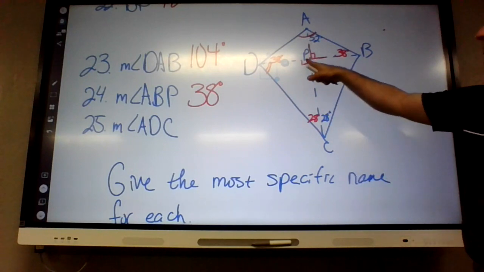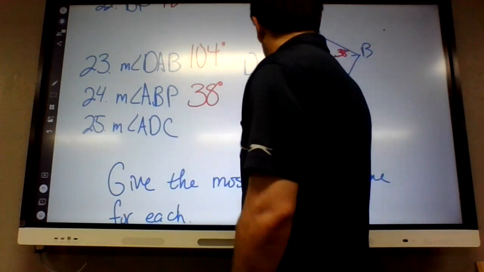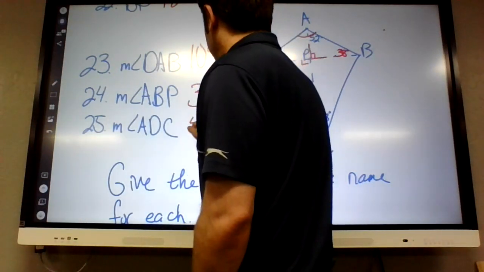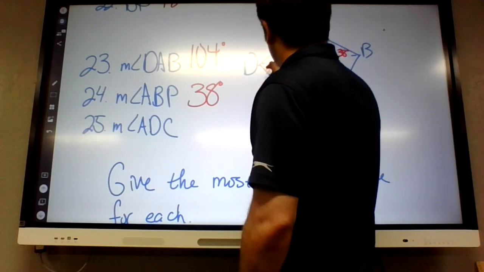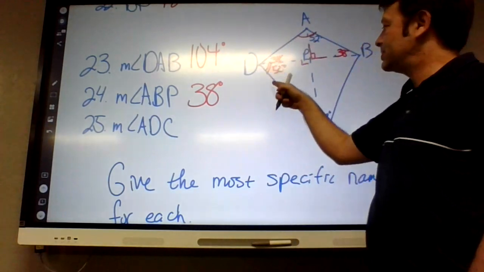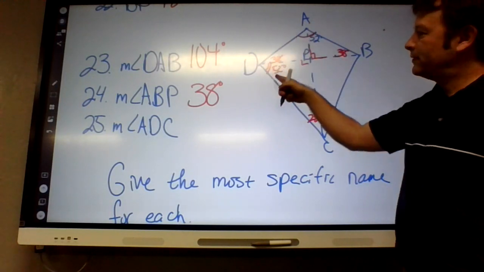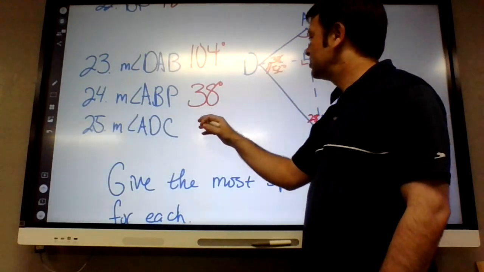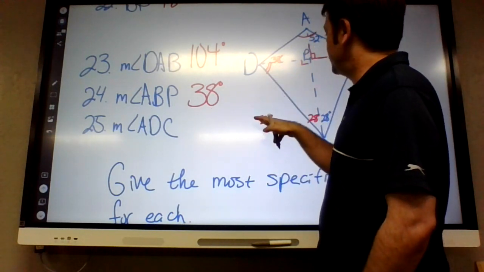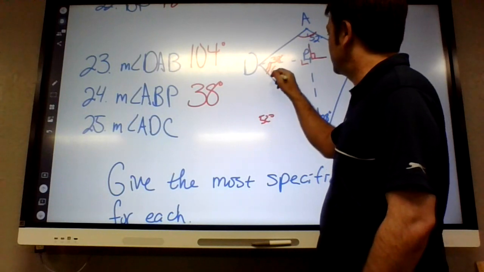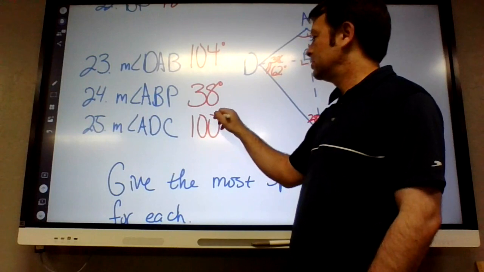So 180 minus 90 is 90, minus 28 is 52. Oh, whoops. So this is 52. So what's angle ADC? 52 plus 38. Did I do that wrong? Yeah, that was supposed to be 62. I thought I was wrong.